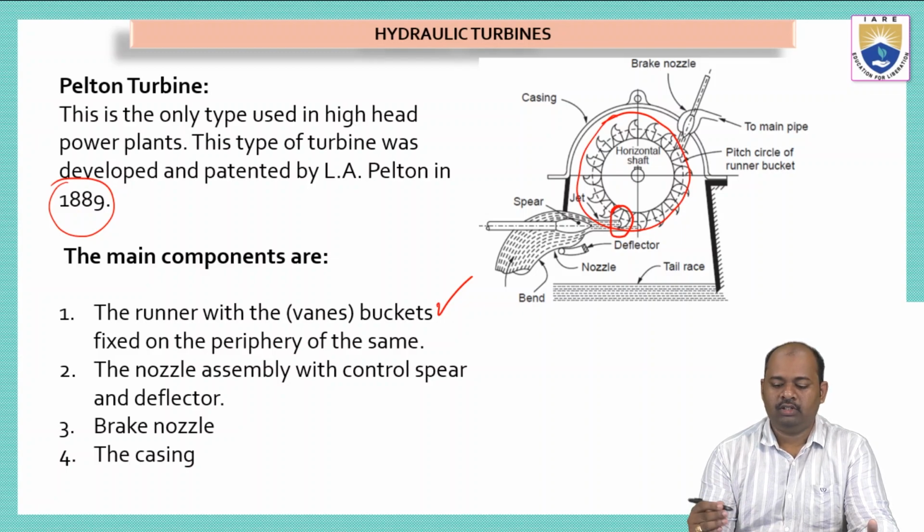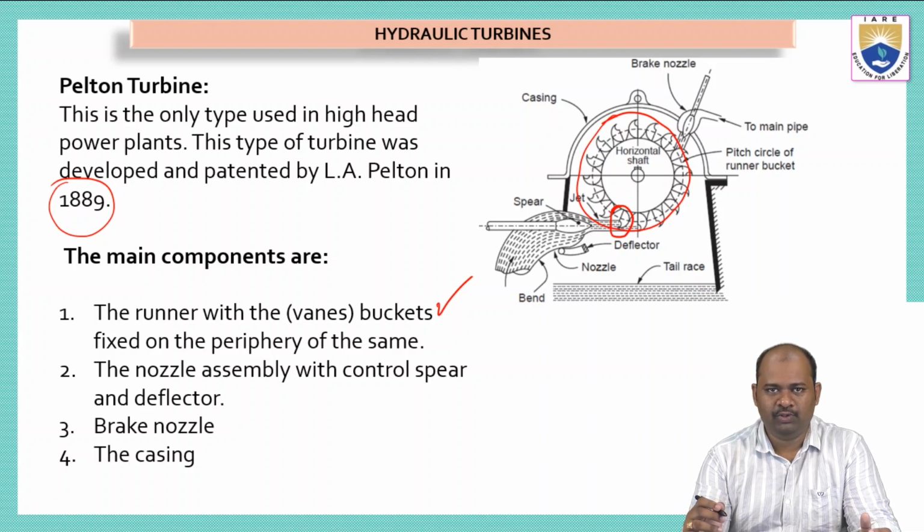When water falls on these, they exert some force on the turbine vane. When the force is exerted on the vane, it will try to rotate. When the turbine rotates, it creates mechanical energy in the rotational form.